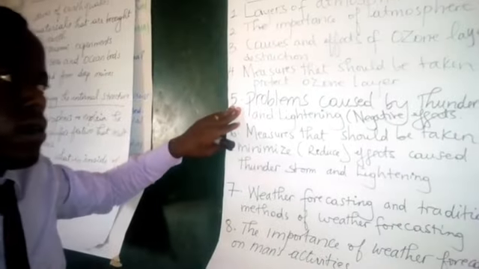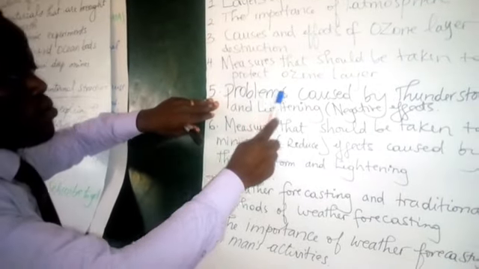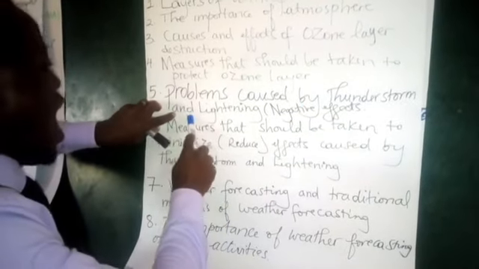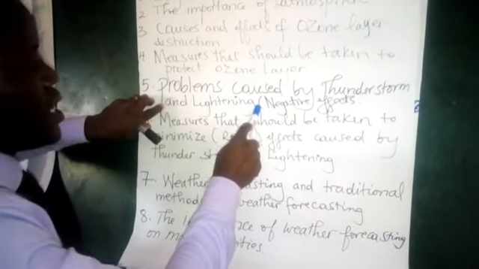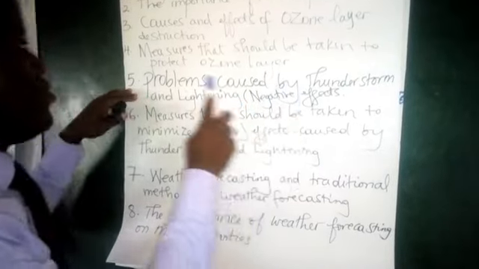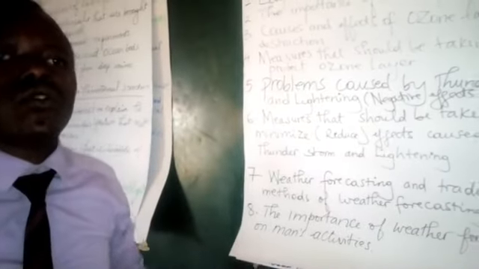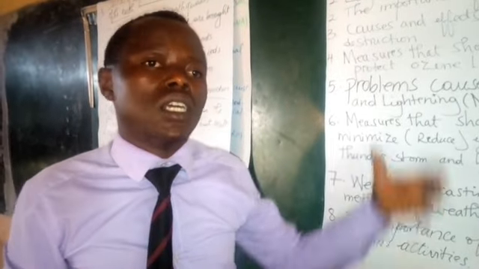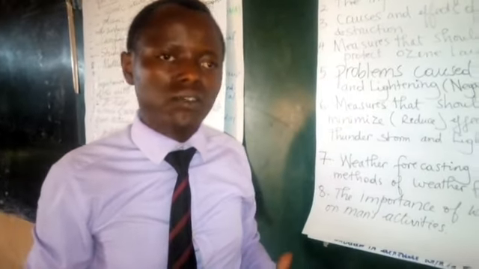Number 5, we shall see the problems caused by thunderstorms and lightning, or the negative effects of thunderstorms. When we talk of problems caused by thunderstorms and lightning, we are talking about negative effects.